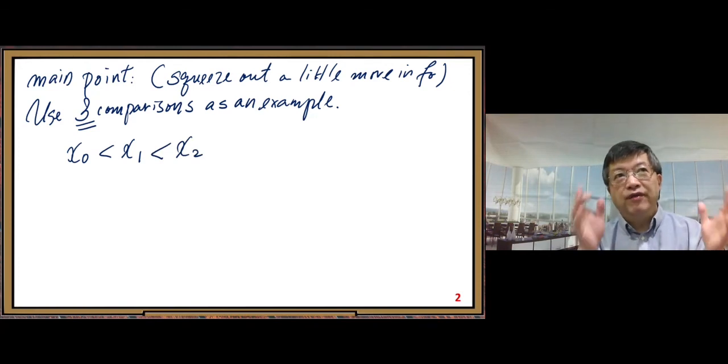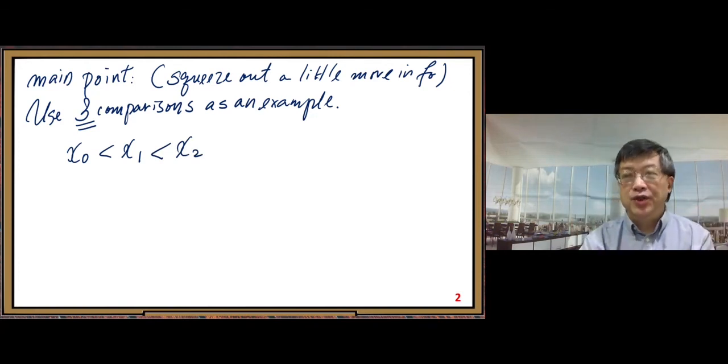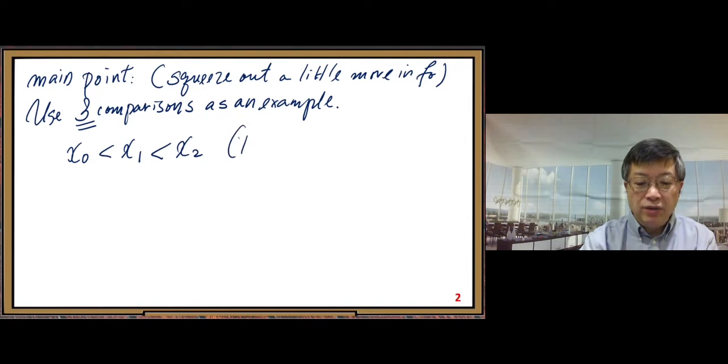We can sort the first 3 elements using 3 comparisons. Do you agree with that? The answer is true, but not good enough. Although the claim is true, we can do more than this.